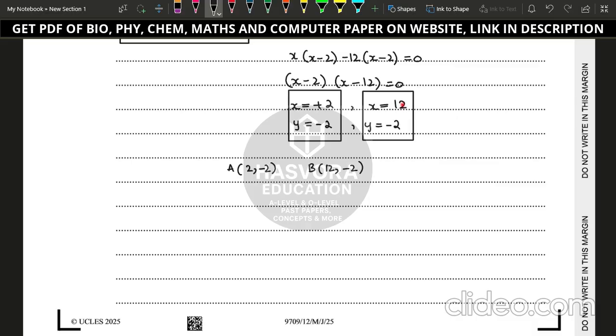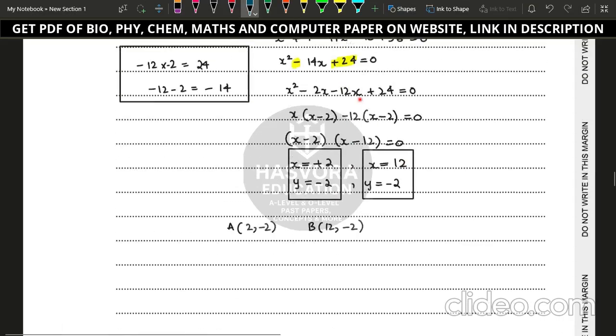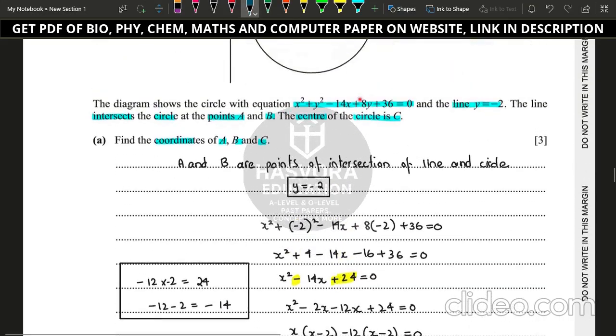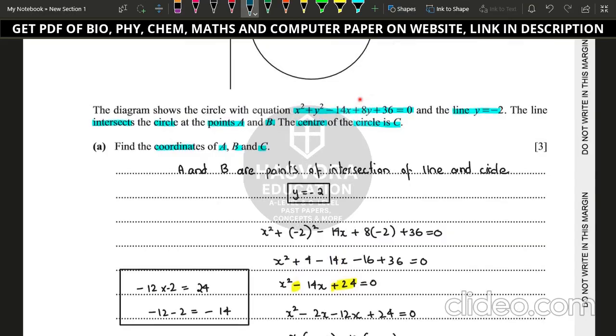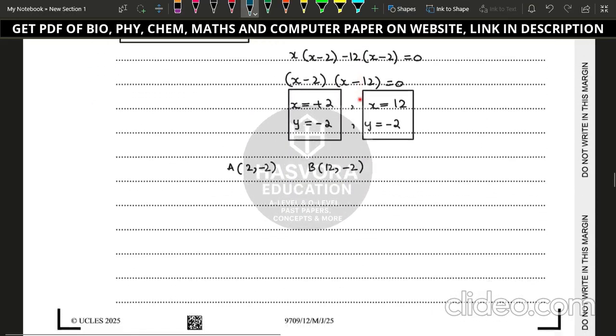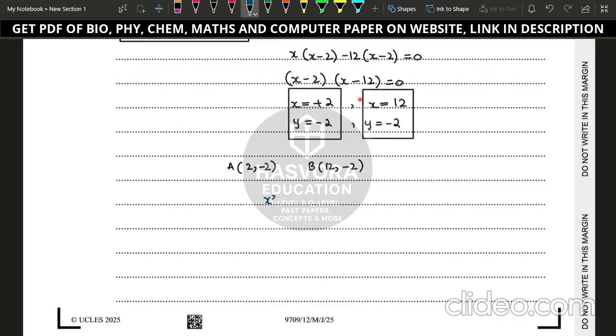Okay, and now for the center, we will write it in the completed square form. So what is the equation of the circle? It is x square plus y square minus 14x plus 8y plus 36 equal to 0.